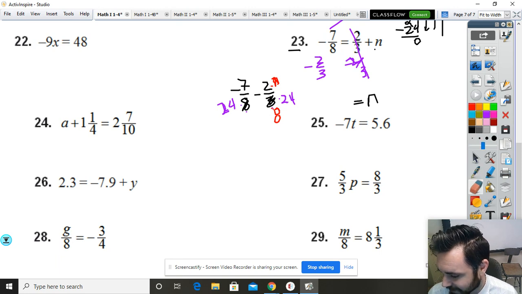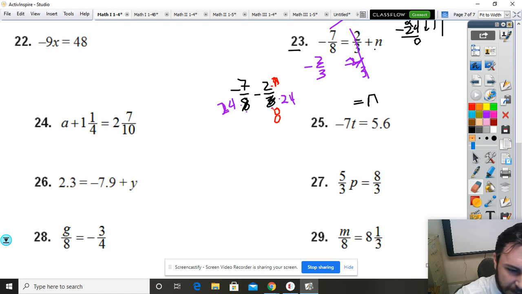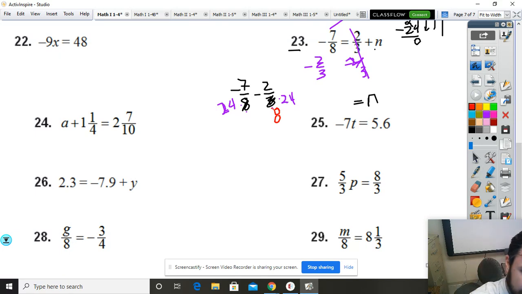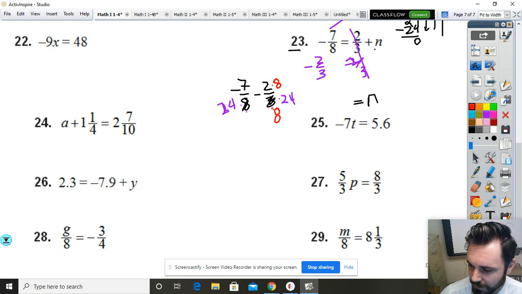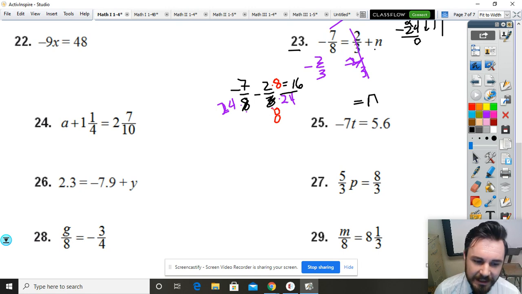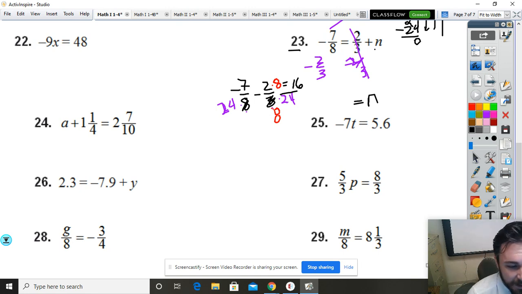Sorry about this, but it's just going to happen. Your computer gets laggy, things get a little sloppy. So I'm multiplying the top, or numerator, by 8. And what do we get now? We get 16, so I get 16 over 24. On the other side, what do we need to multiply 8 by to get 24?